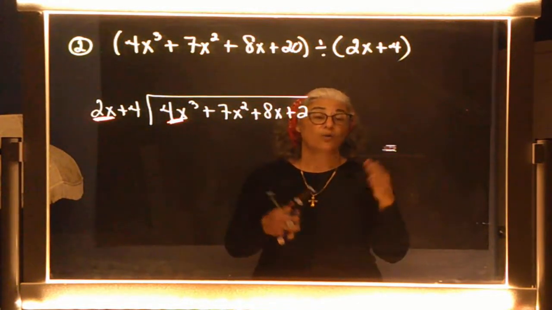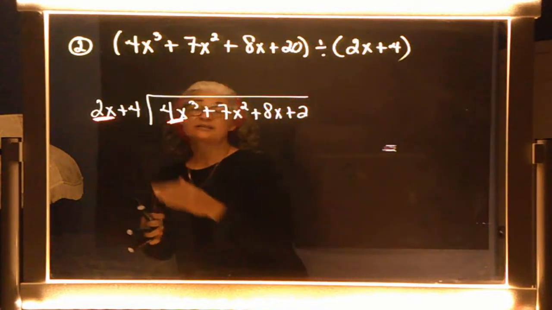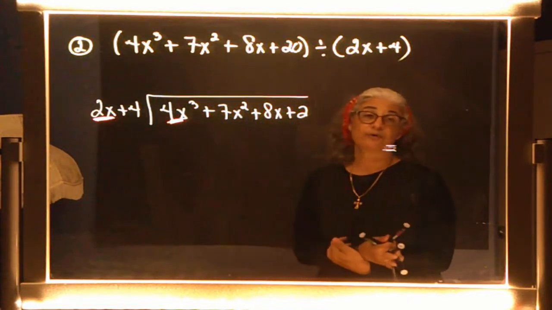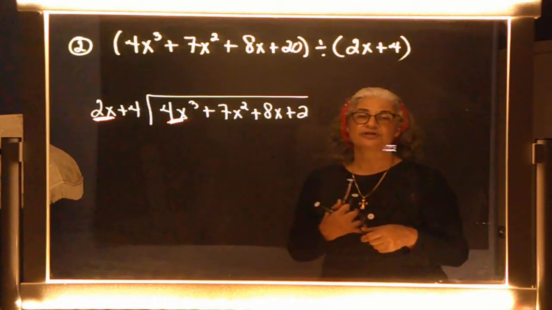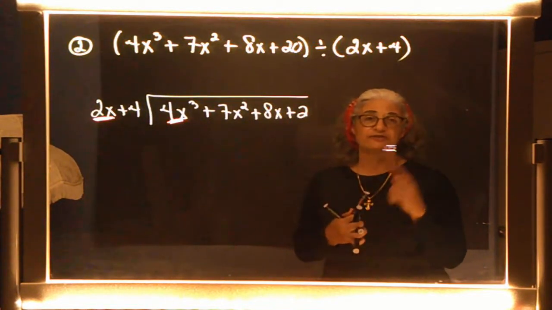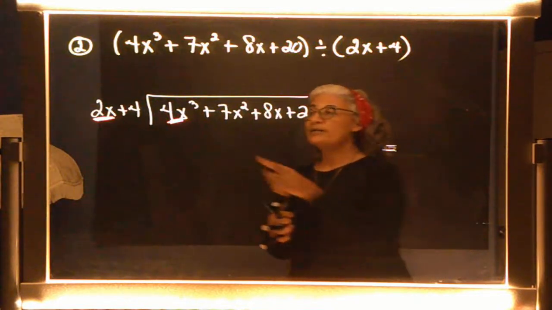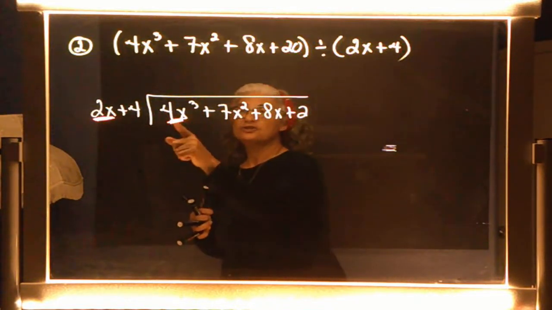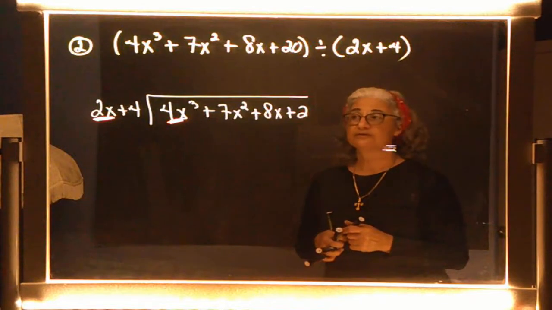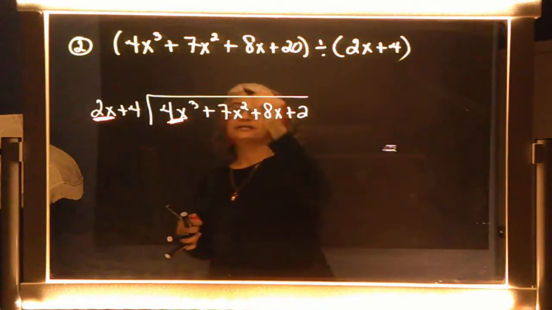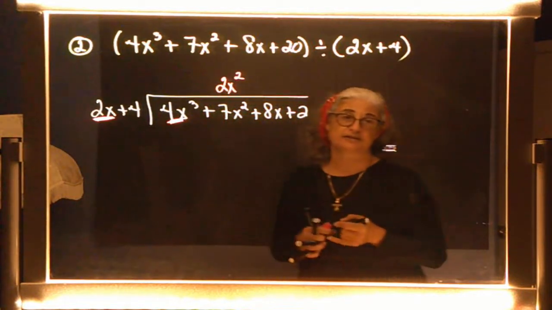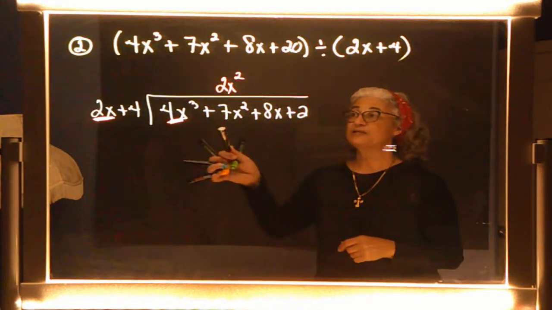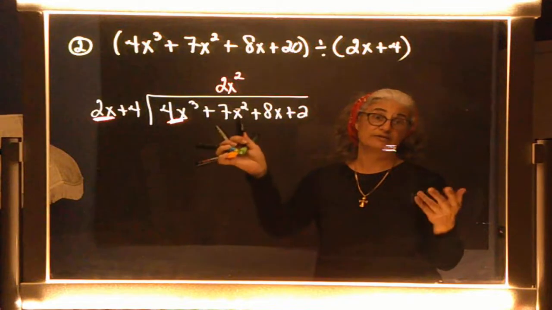So what do I need to multiply the 2x by to make it look like 4x to the third? Good, some of you got the answer. Let me phrase my question a different way. What is the 2x missing to look like the 4x to the third? Yeah, it's missing a 2, and it's missing an x to the power of 2, isn't it? It's missing a 2, and it's missing 2 x's.